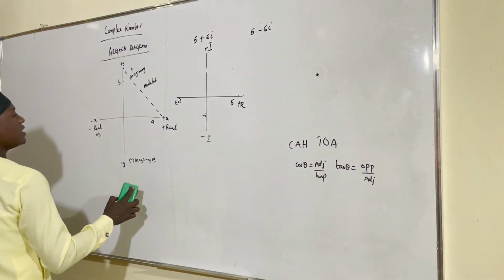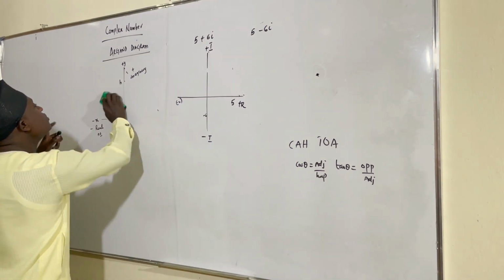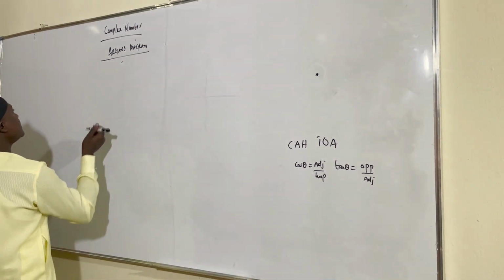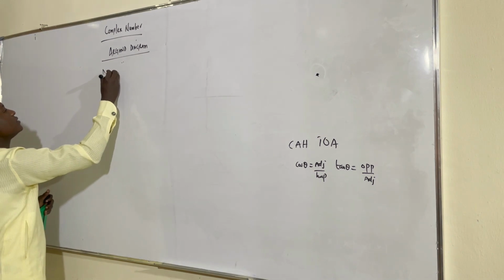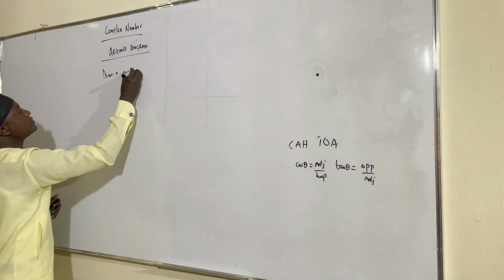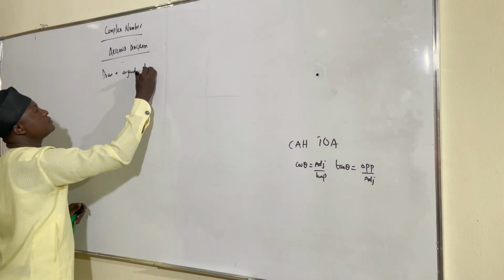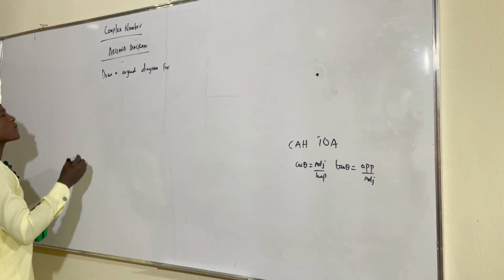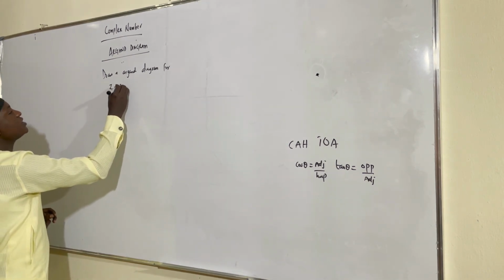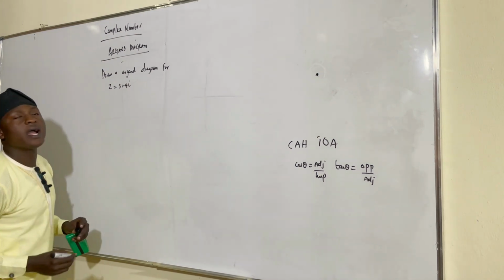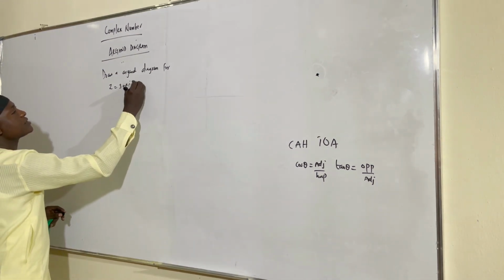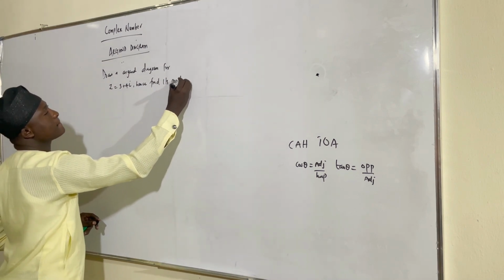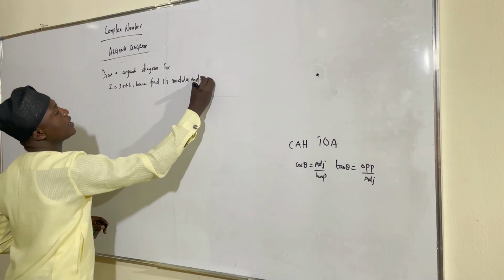So for example, let's take a look at this problem. Let's say they said, draw an Argand diagram for, let's say, z is equal to 3 plus 4i, hence find its modulus and argument.